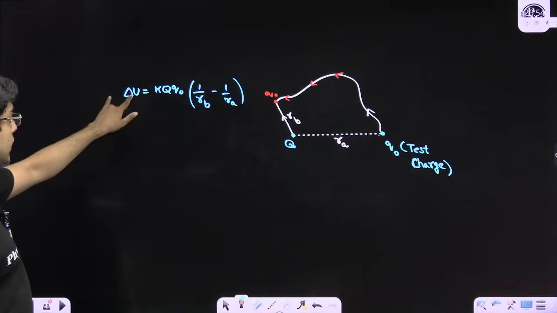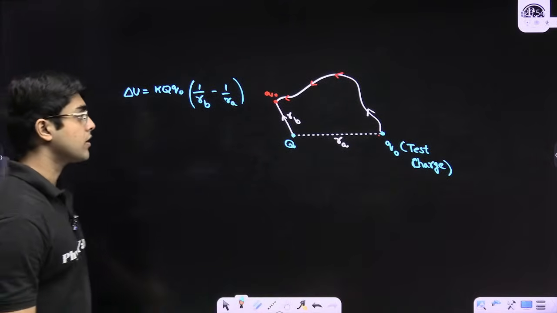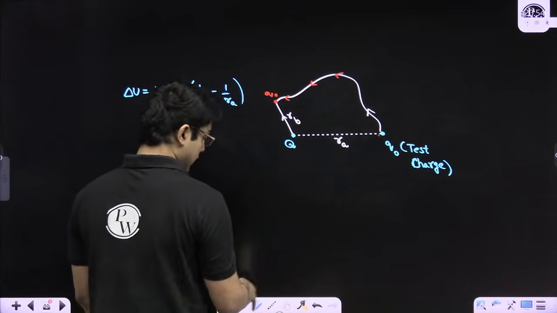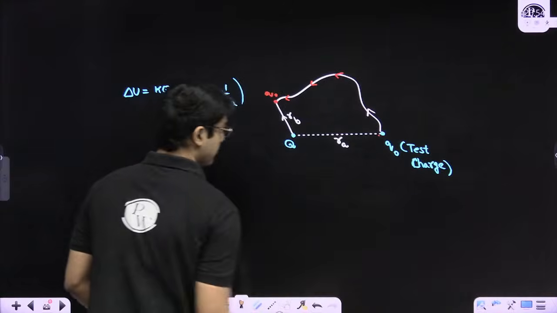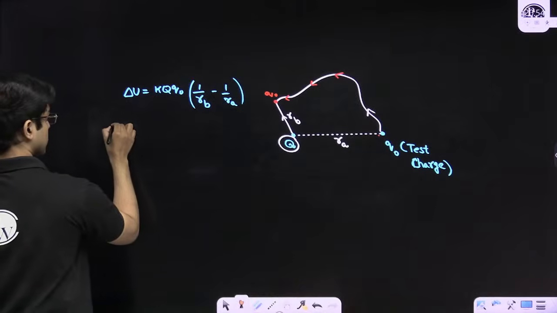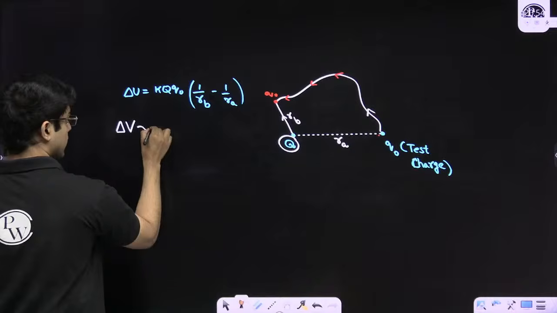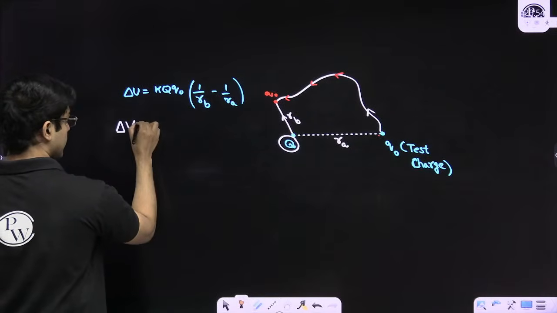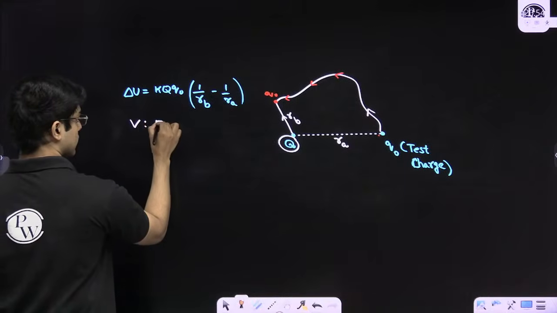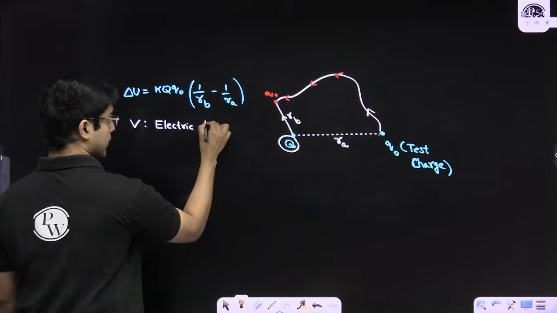Now, this potential energy difference is directly proportional to the test charge Q naught, right? So the electric potential due to Q, we use a symbol V for that. V is the symbol used for electric potential.